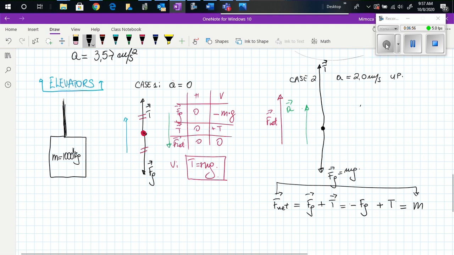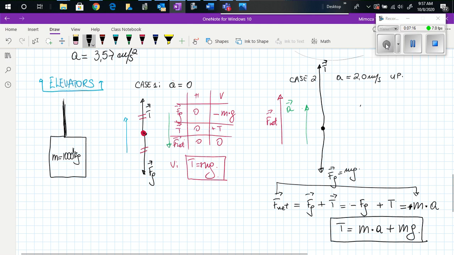Now, from our relationship or our given in the problem, we have that force net is equal to mass times acceleration, that is going up in this case, and since it is going up, it is positive. So now see what we have here. Tension is equal to mass times acceleration plus force of gravity, which is mass times acceleration due to gravity.